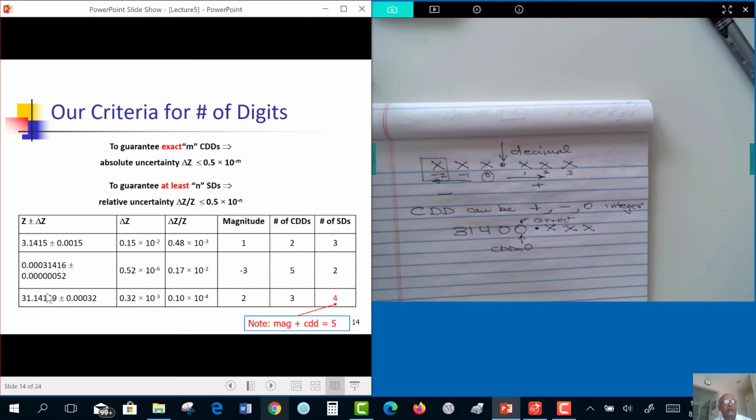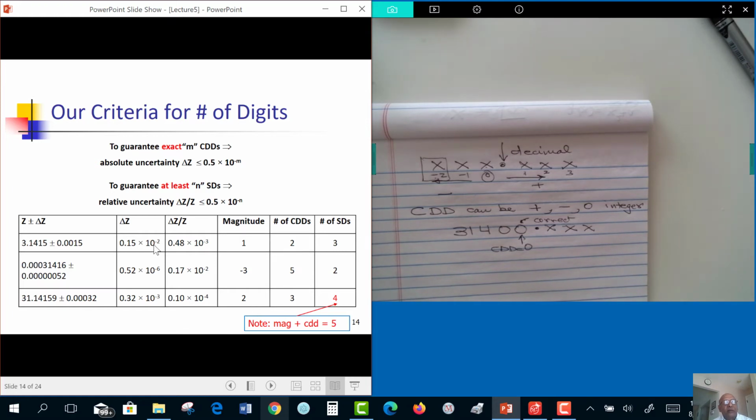Three different results. Okay, so here is z plus minus delta z. So let's express delta z in floating point notation. Once we have it in floating point notation, we can easily determine the correct number of decimal digits.